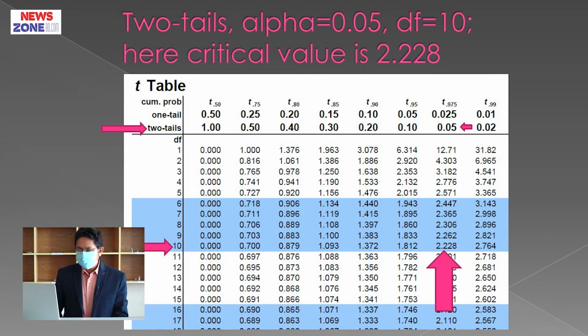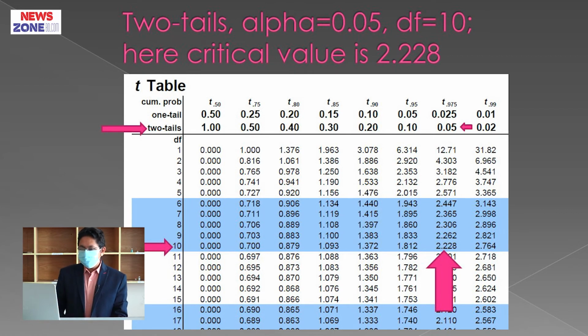So, we look up the 10 degree of freedom row, and regarding column we shall look up two tails where alpha is 0.05, that is 95% confidence interval. So, this column and this row will cut on the t value we need, it is 2.228. This is our critical value.